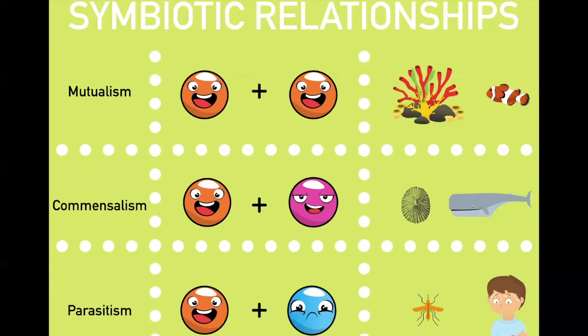It is not benefiting. However, the mosquito is happy. It is benefiting. The mosquito is getting free food from the human, but the human is getting nothing out of this relationship. In fact, it's getting hurt. I've been bitten by mosquitoes before, and it's just so bad.